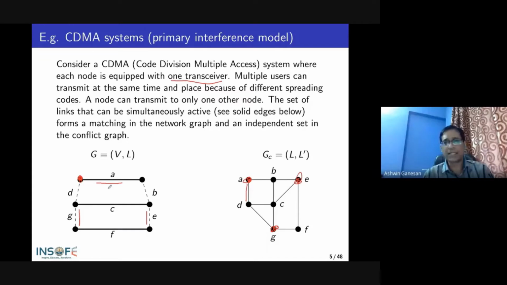Another way to say this is that the conflict graph GC is the line graph of the network graph G, where the line graph is defined to be the graph whose vertex set is the set of edges of the graph G, and two vertices are adjacent in the line graph if and only if the corresponding two edges in the network graph have an endpoint in common. This model of interference arises in wireless communication systems, for example in CDMA systems, when each node is equipped with only one transceiver.